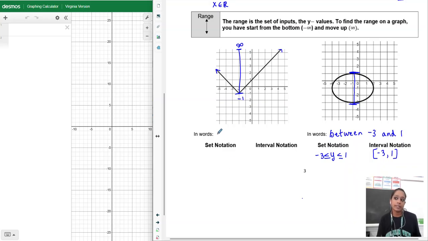So we can say it's between -1 and positive infinity.